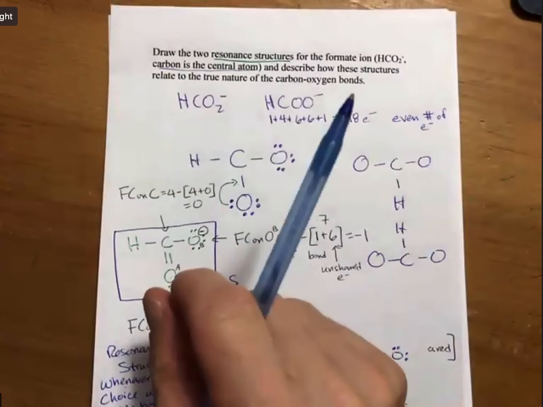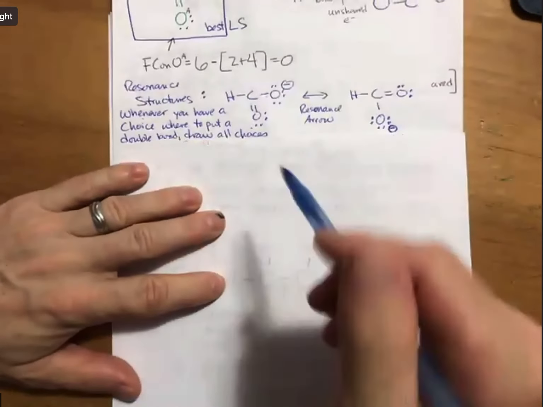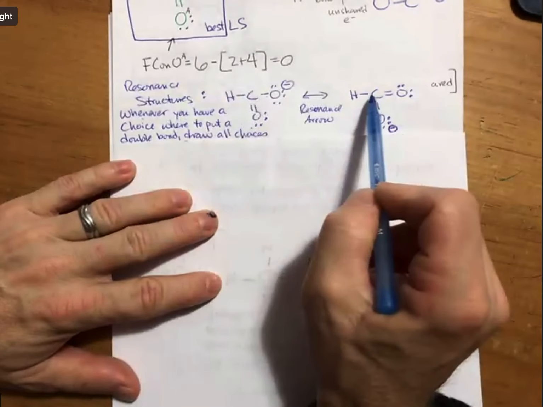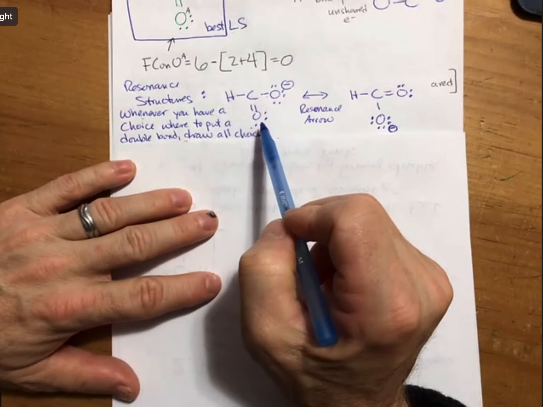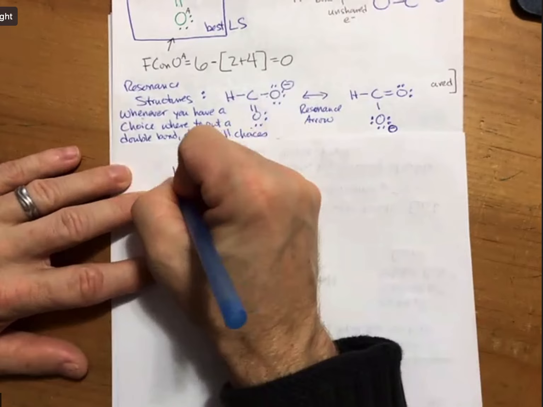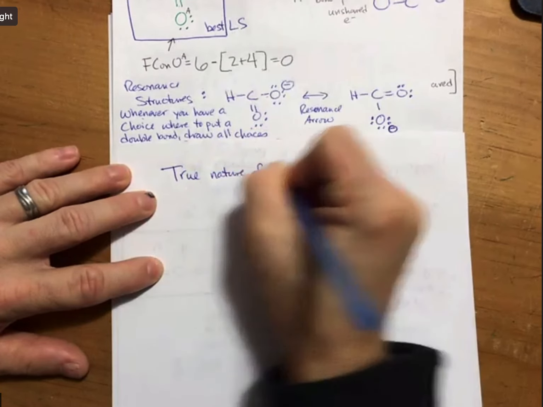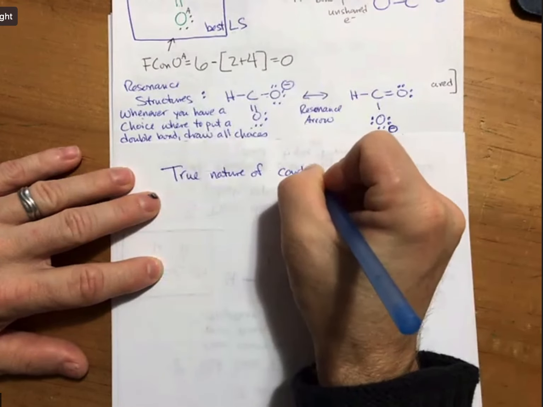Okay, so now we've got our two resonance structures. Now let's talk about the true nature of the carbon-oxygen bond.